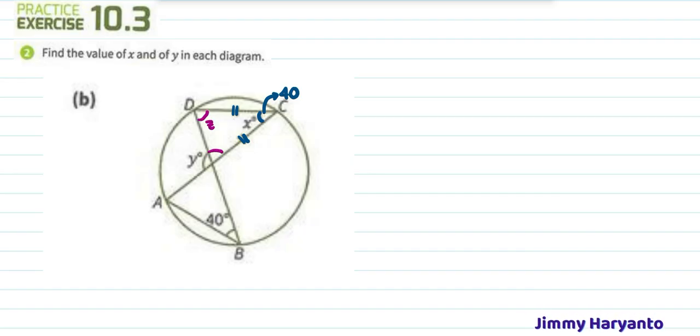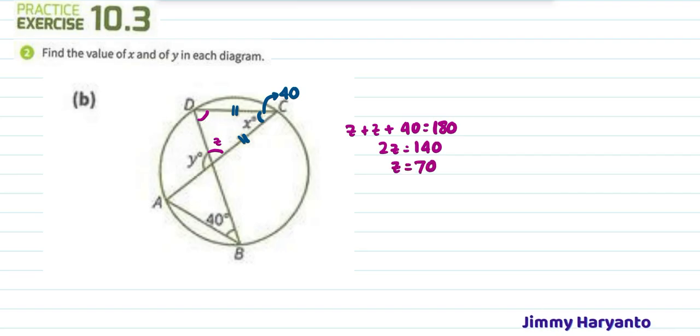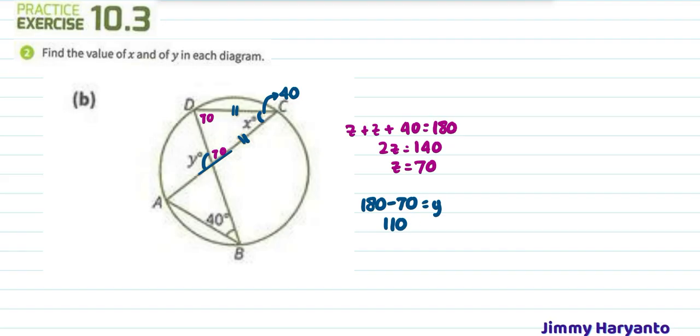Let's say this one is Z. That means Z plus Z plus 40 equals 180, we will use this triangle. And then 2z equals 180 minus 40, 140, z equals 70. So we already know that this one is 70 and this one also 70. We can find the y using the straight line. 180 minus 70 equals y, so y equals 110.